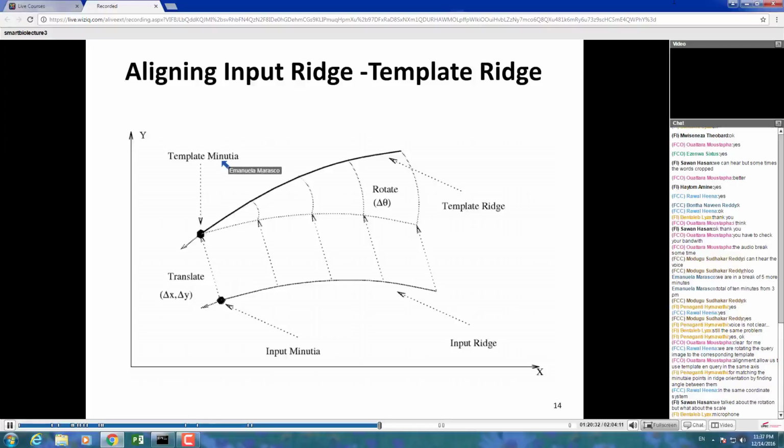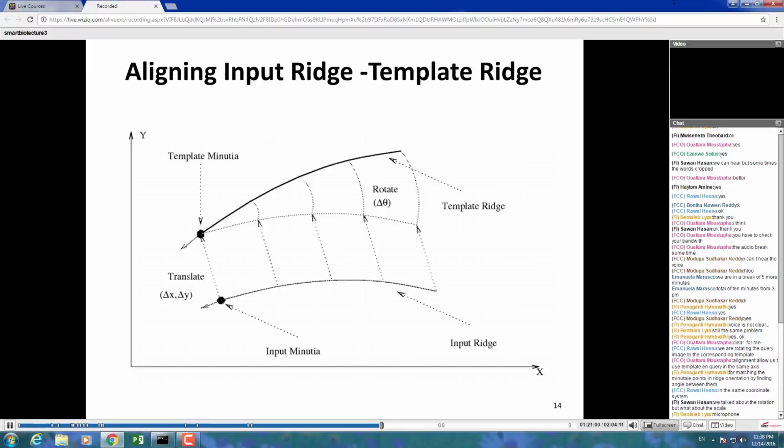Usually the transformation that is applied during the alignment is based on the Hough transform. This is a common algorithm used for aligning two sets of minutia. We can see how it works here.